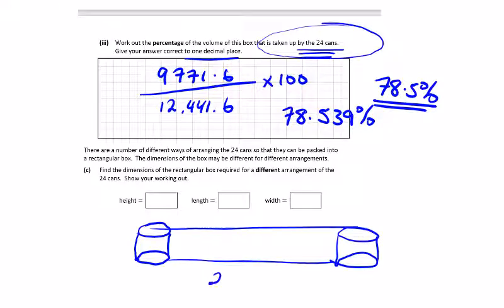So 24 wide is 24 by 2 radiuses, so that will be 48 radiuses wide. The height would just be the height of the can, which was 10. So the width will be 2 radiuses wide, and the length will be 48 radiuses wide. So let's see what we got for those.